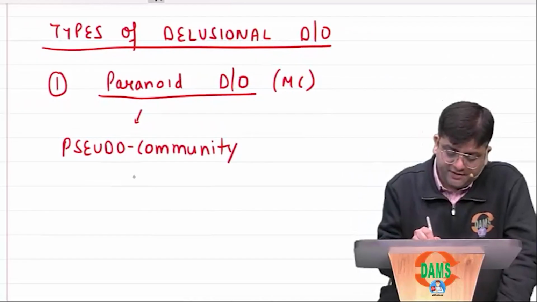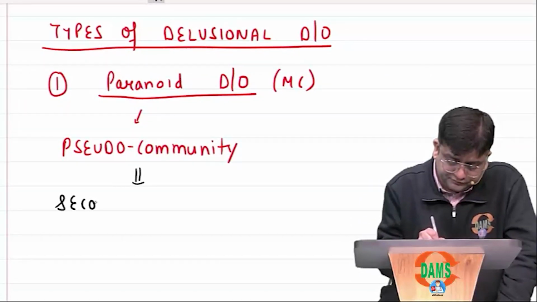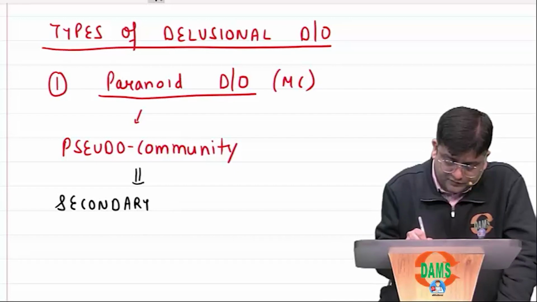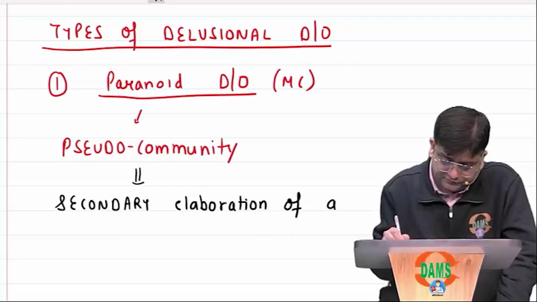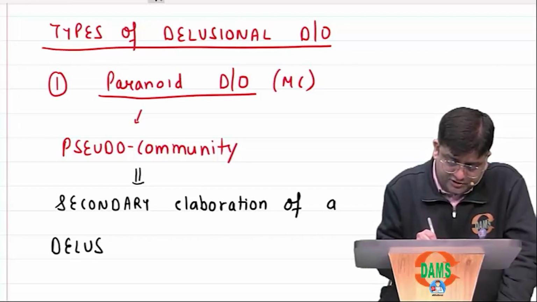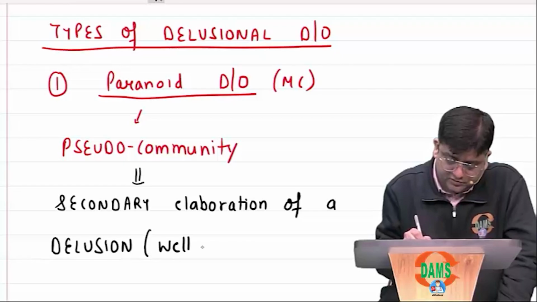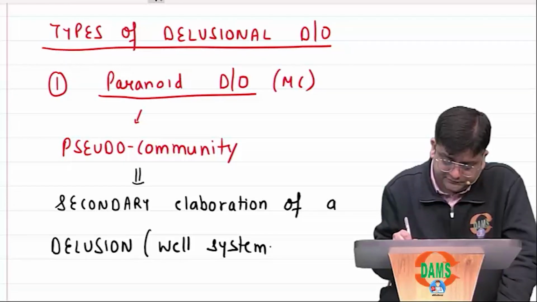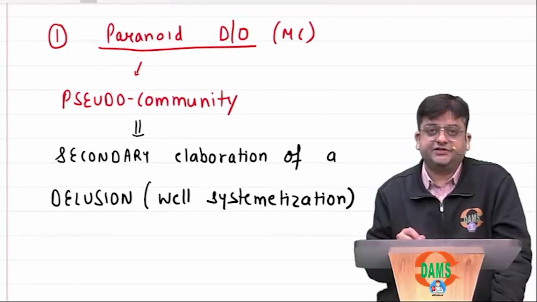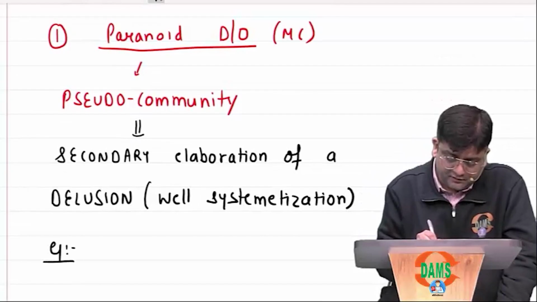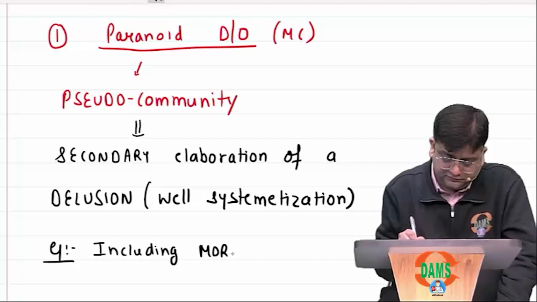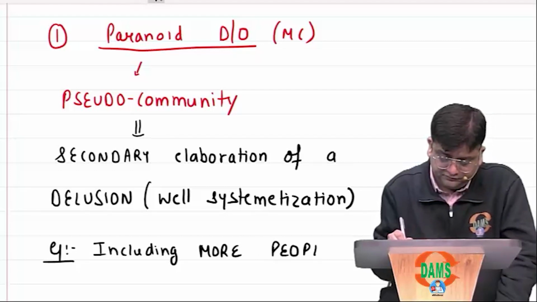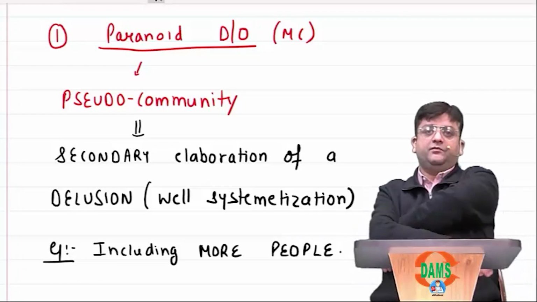What do you mean by pseudo community? It is defined as secondary elaboration of a delusion, also known as well systematization, including more people.